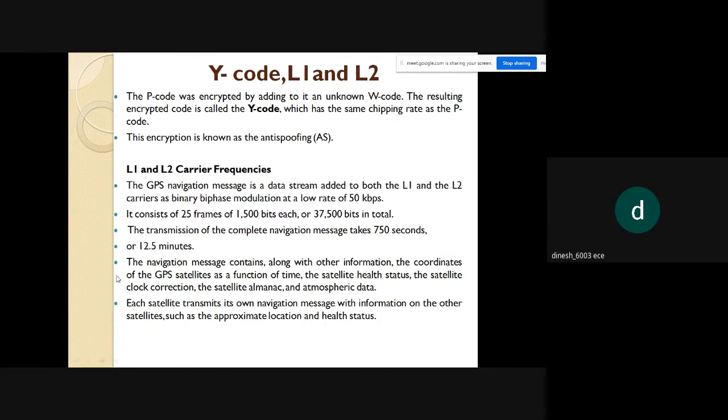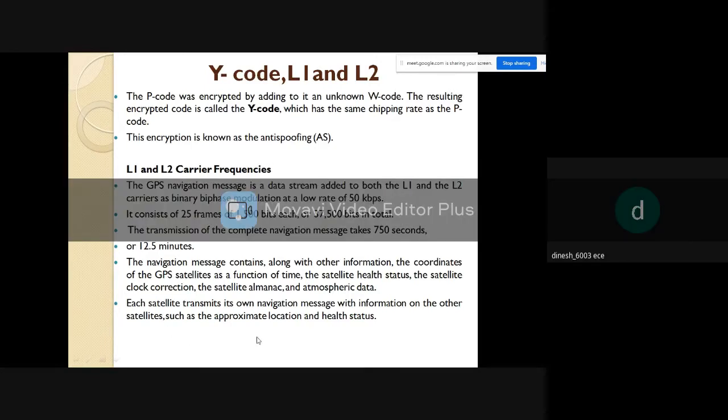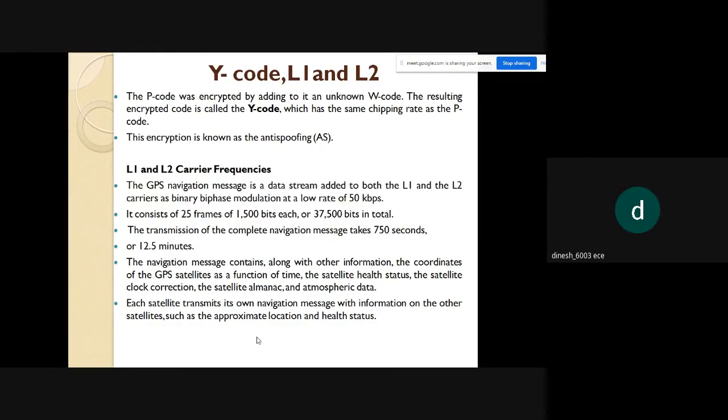Each satellite transmits its own navigation message, with information on the other satellites also, such as the approximate location and health status of neighboring satellites and its own satellite, and so on. So that also can be monitored.